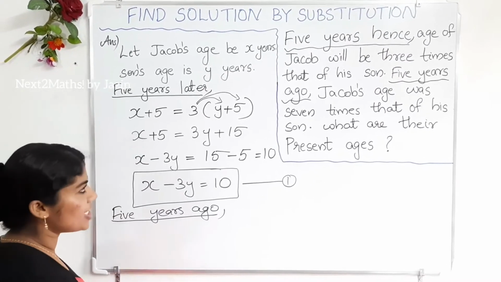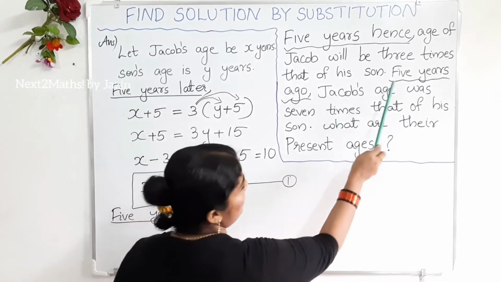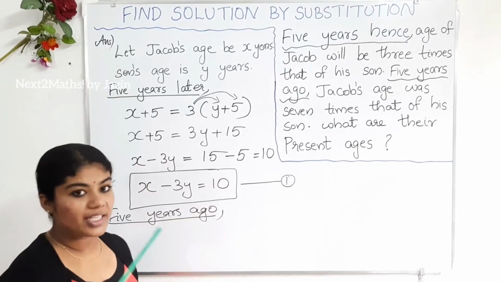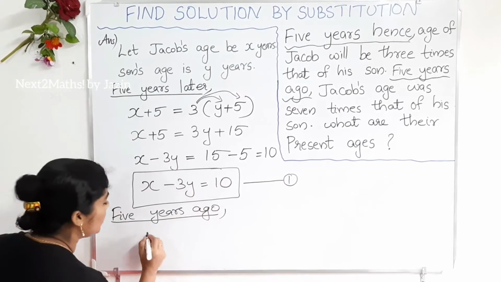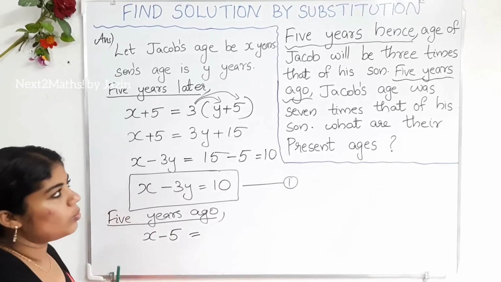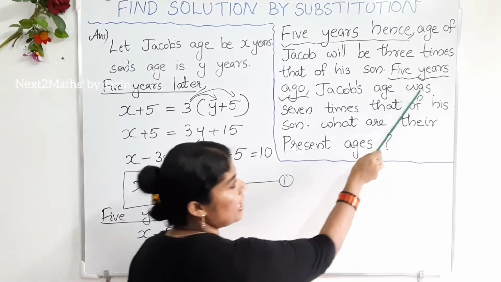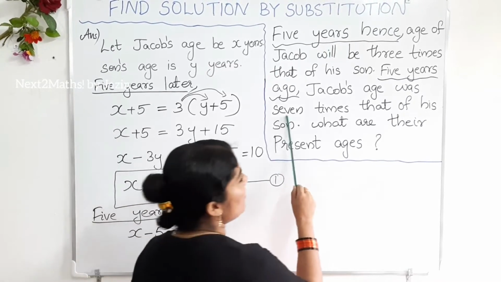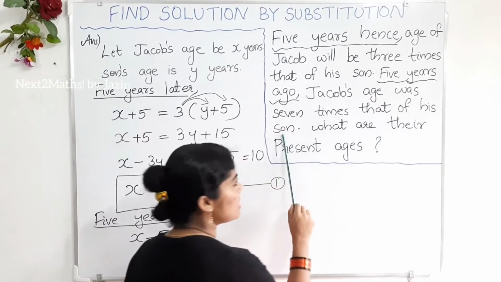So let's write here, Jacob's age was x minus 5. Write that. X minus 5 is equal to; when it says was or is, you have to write an equal to symbol. Okay, 7 times that of his son.